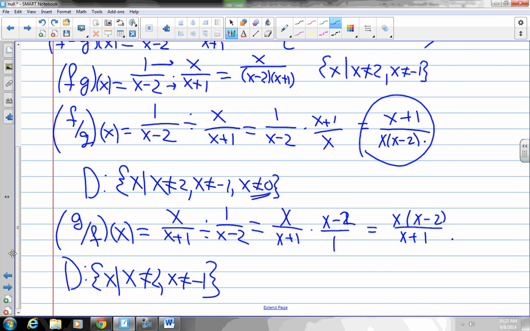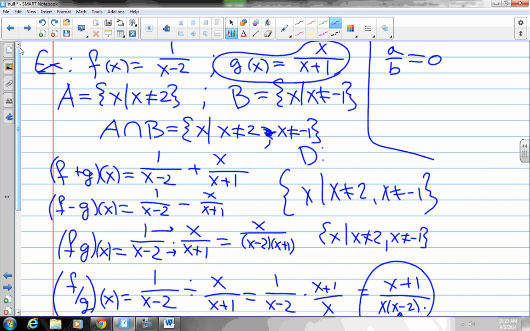When I start excluding 3 numbers, you do not see it from the final result. The final function suggests that x cannot equal 2 and x cannot equal 0, but it doesn't say anything about negative 1. But negative 1 is a problem for the original function, and that's why it was excluded.